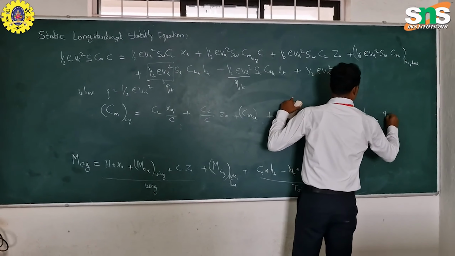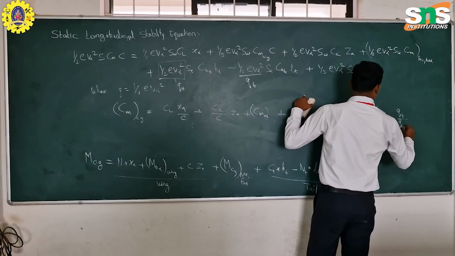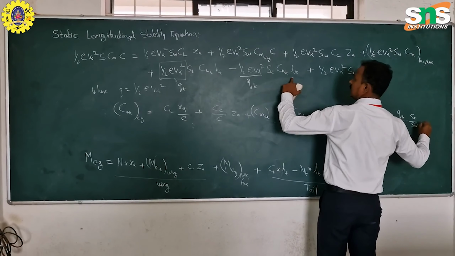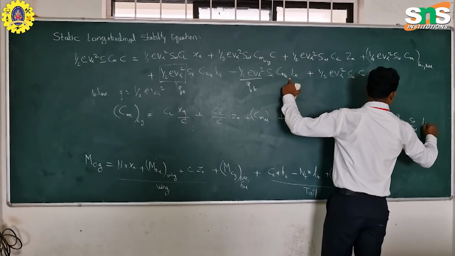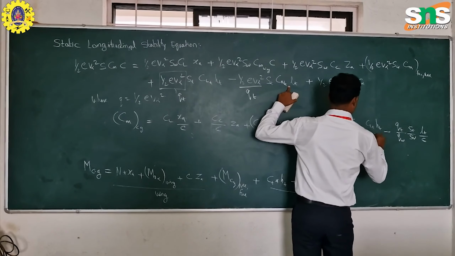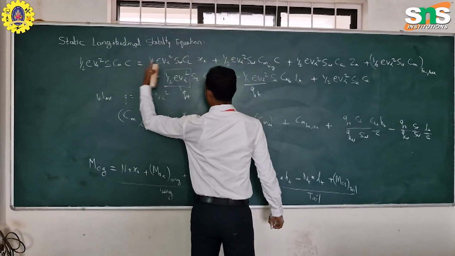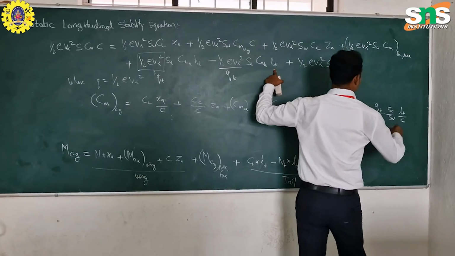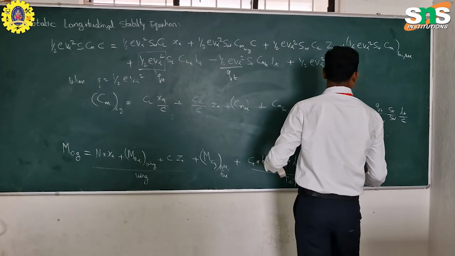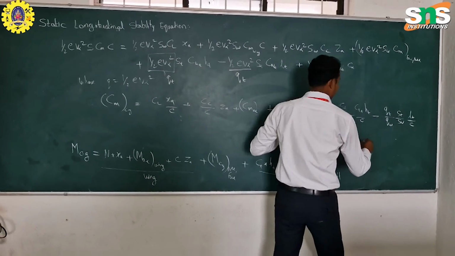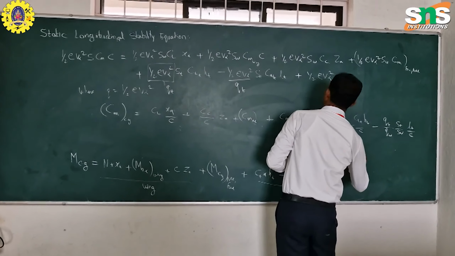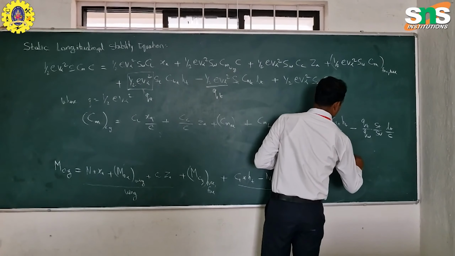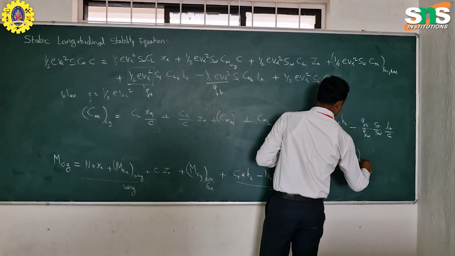So tail dynamic pressure by wing dynamic pressure, tail surface by wing surface, and the LT by chord. Here also we will see chord, this dynamic pressure becomes Q, and we are getting LT, right? LT plus this term, that is the CM aerodynamic center of tail.